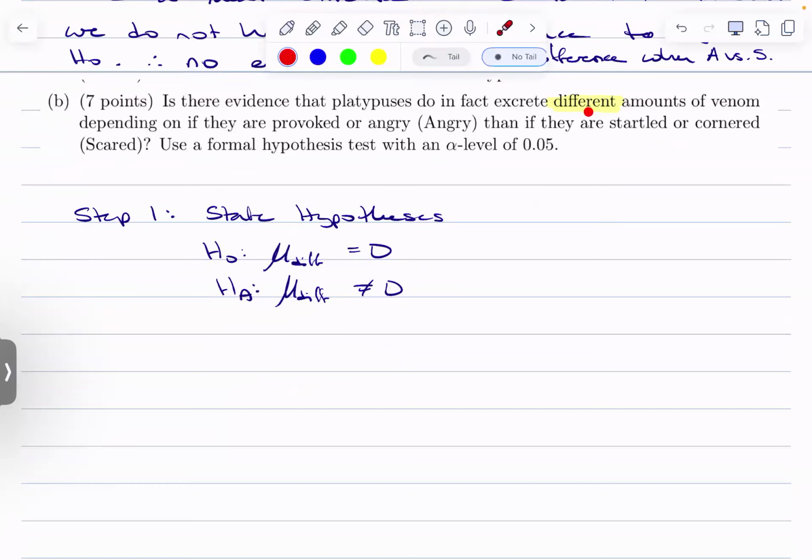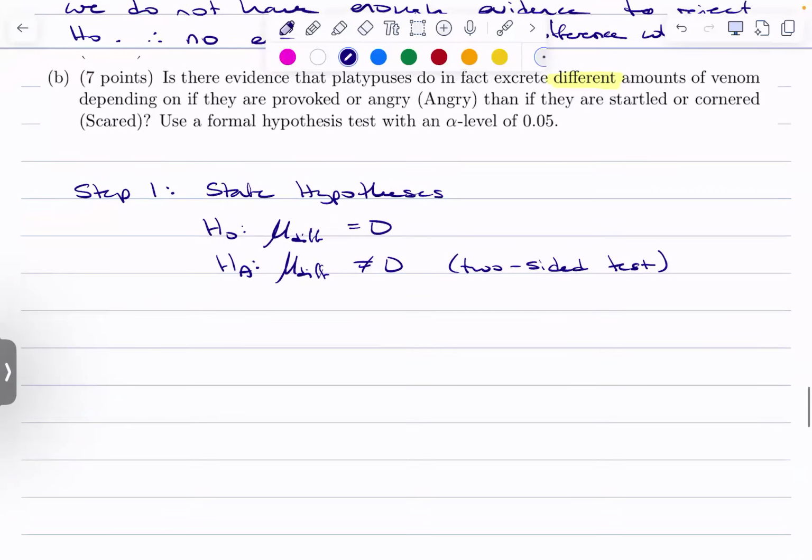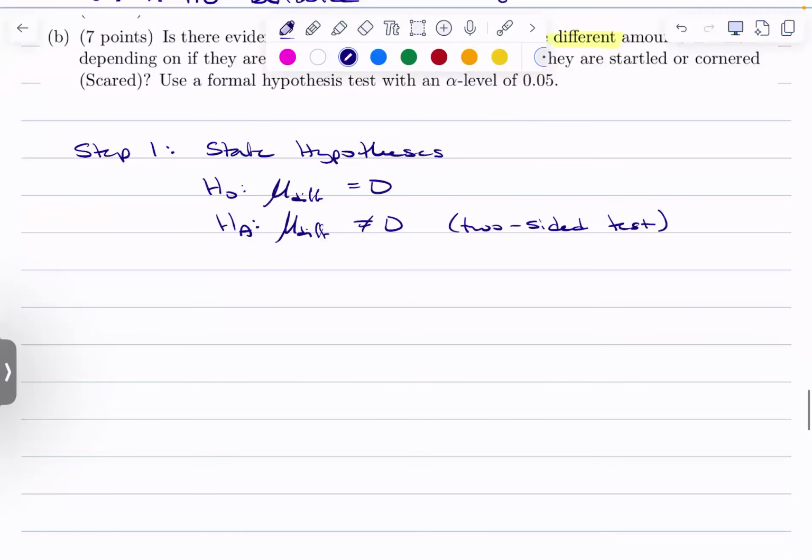Now, because I want to know if there's a difference, right, not equal to, then this makes it a two-sided test, which means later in step 3, I'm going to need a two-sided p-value, right? And because they're so disconnected, I know I'm going to still have questions saying, how do I know if it's a two-sided p-value or a one-sided? I have to take you all the way back to your alternative.